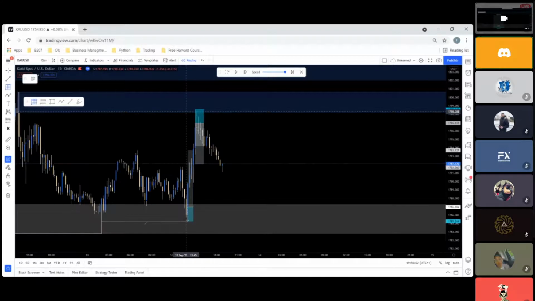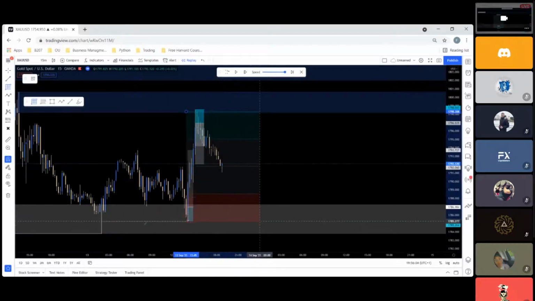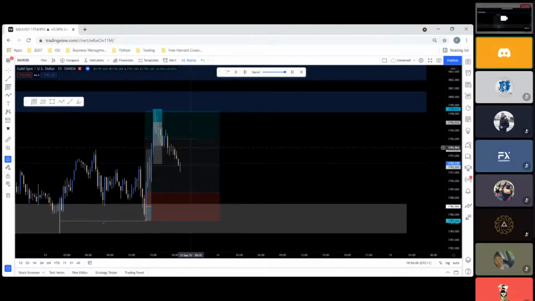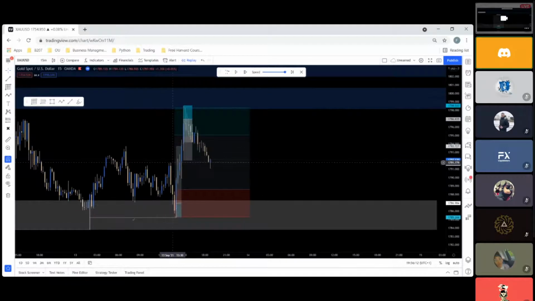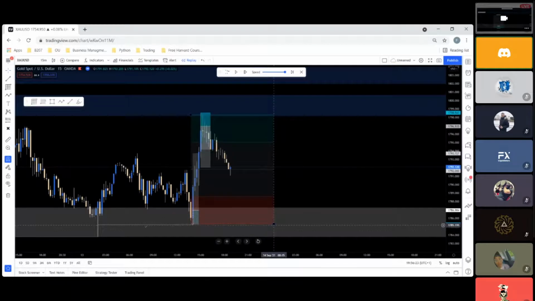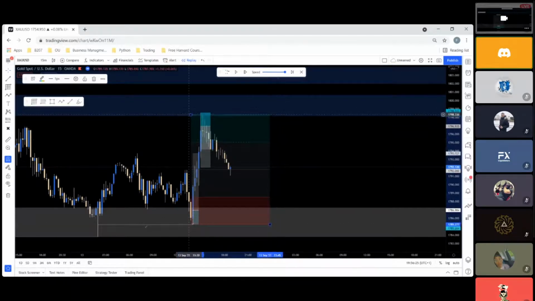So pretty much, if price is around here and structurally it makes sense to look for sales, I'll look for sales, or price comes down here and structurally it makes sense to look for buys, I'd potentially look for some buys. In the mid zone, again, it really depends on what price is doing.